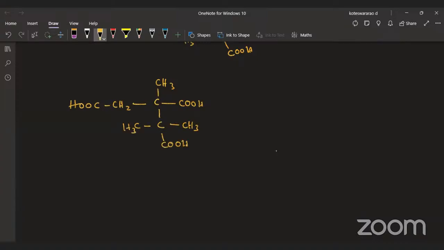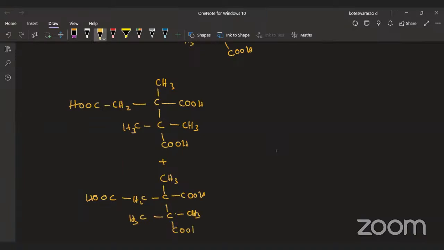This is one molecule and another molecule: CH3, COOH, CH2, COOH, CH3, COOH.